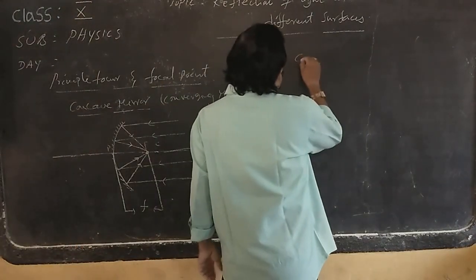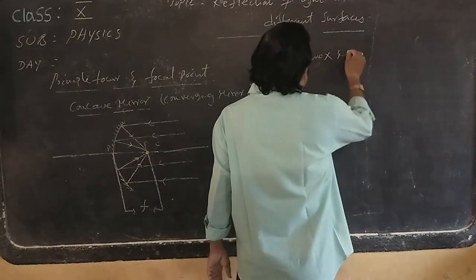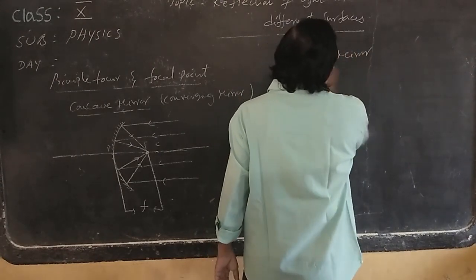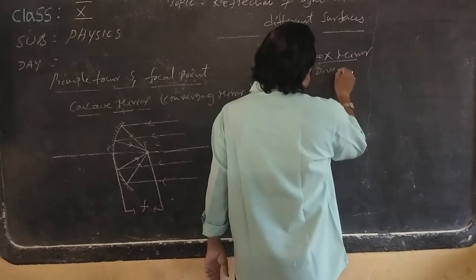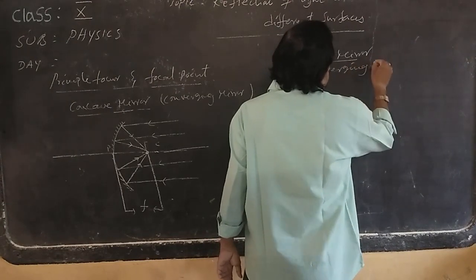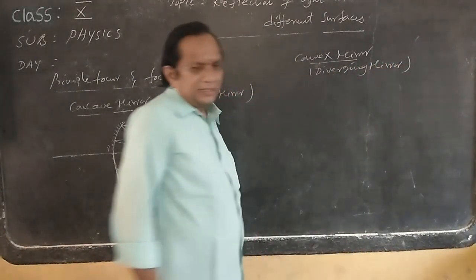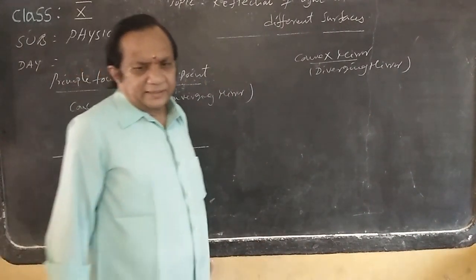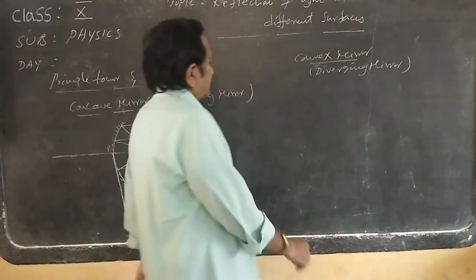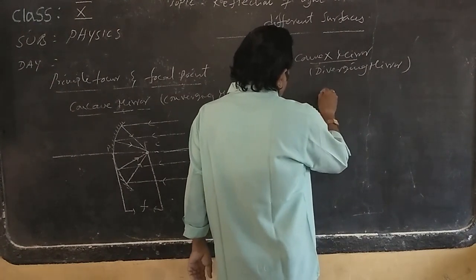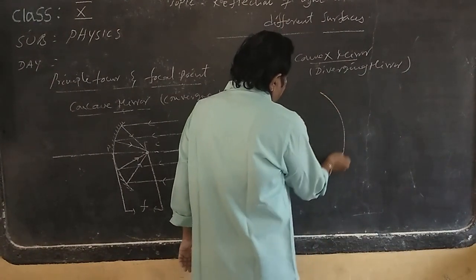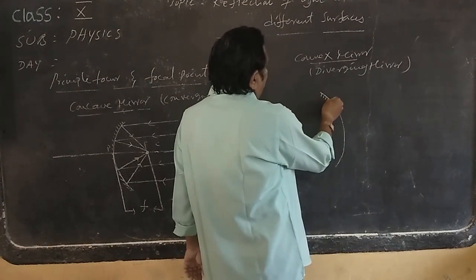Similarly, we consider the case of convex mirror. Convex mirror behaves as a diverging mirror. In this, I have to consider the mirror, so the inside will be coated.